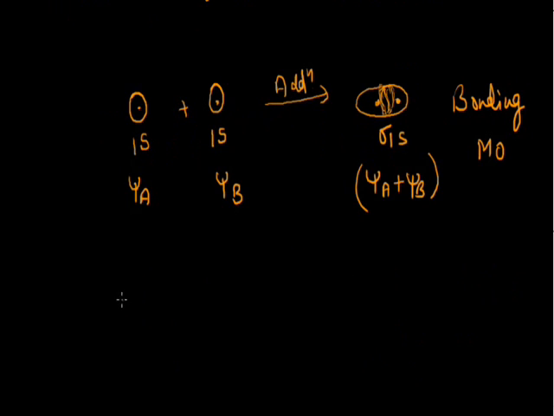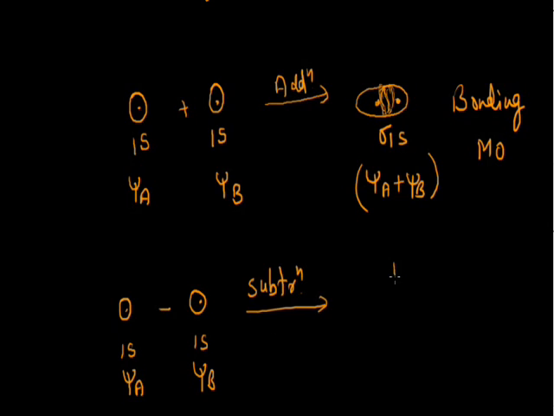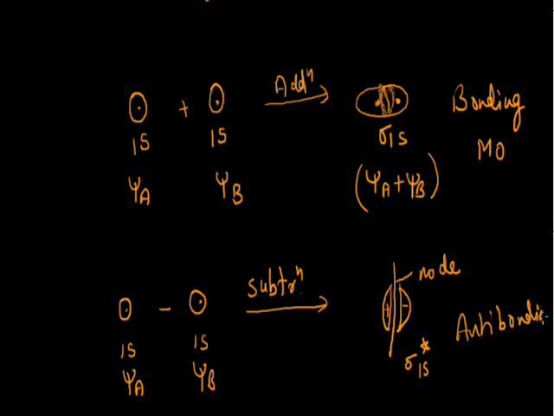For the anti-bonding molecular orbital, there is subtraction of these two orbitals of hydrogen, xi A and xi B, leading to a decrease in the electron density, forming the sigma 1s star orbital. This is the node, and such orbitals are termed anti-bonding molecular orbitals.